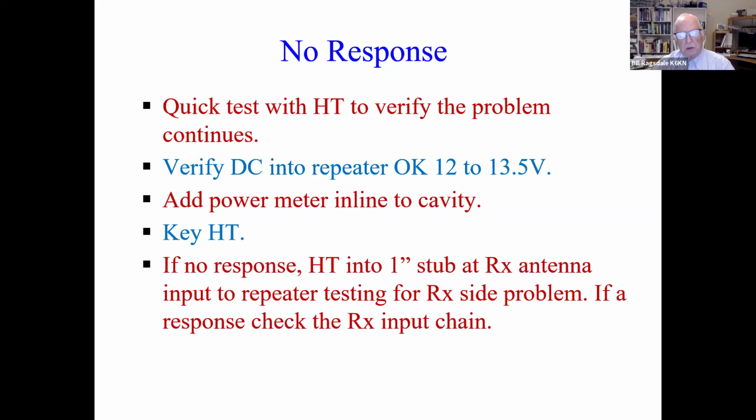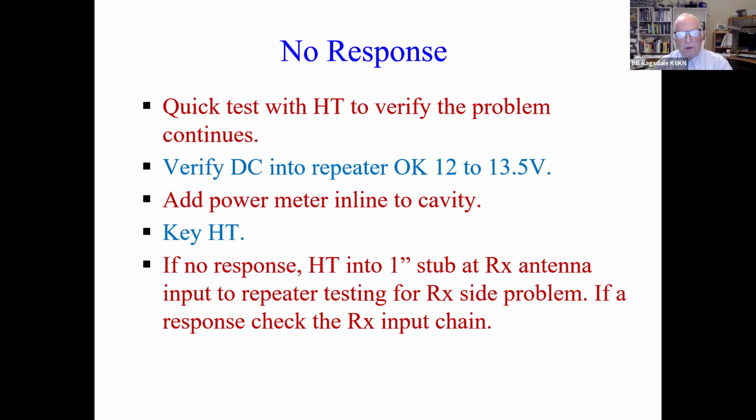So in this case, I just take the repeater receiver cable off and stick a 1-inch piece of wire into that antenna socket and key the handy-talkie again. You've eliminated all of the receive side antennas, and a handy-talkie will definitely trip a repeater that close with a 1-inch antenna.